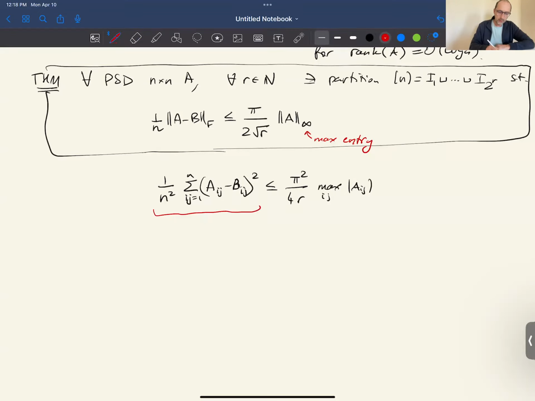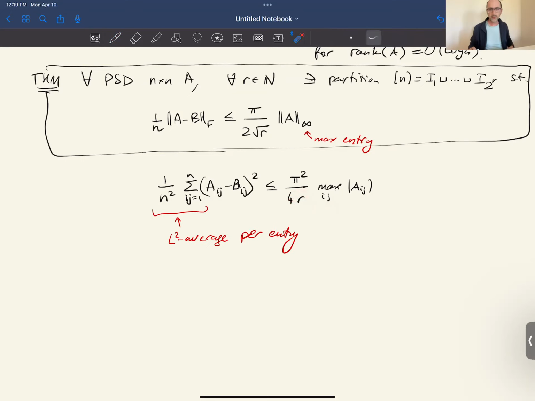So the error that we're looking at is just the L2 average error per entry. It's the average error per entry in the L2 sense. And we claim that we can make it decay because of the r, and the normalization is just the max entry here.